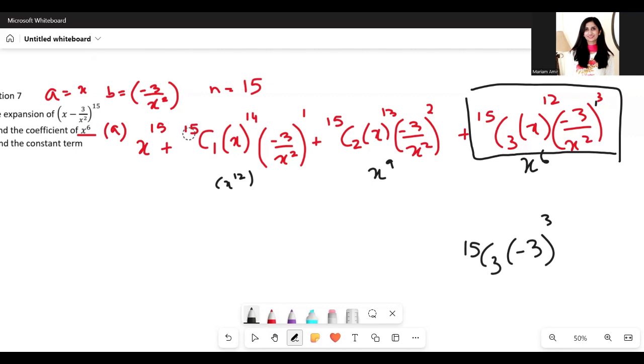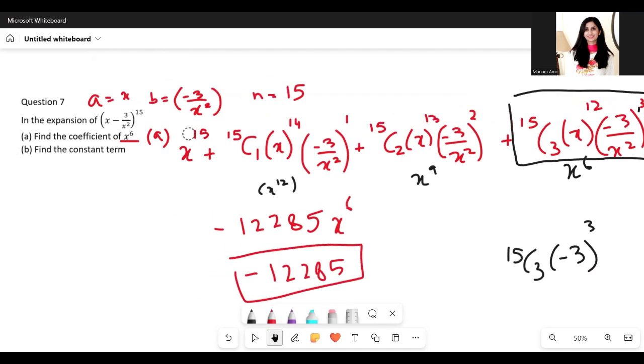I'm getting a big negative value, negative 12285 x^6. They only ask for the coefficient, so you don't have to write x^6 with the final answer. So in the end, I'm going to write negative 12285. That's it.